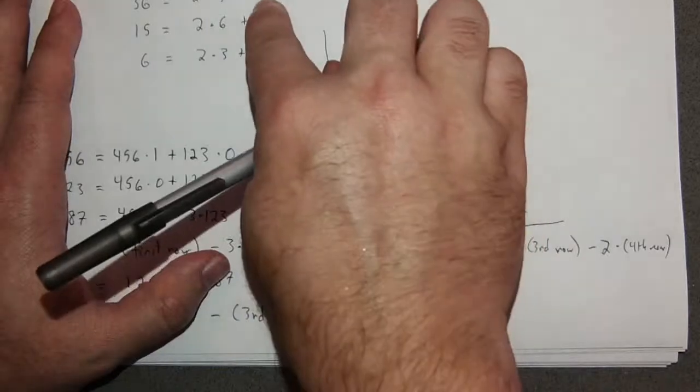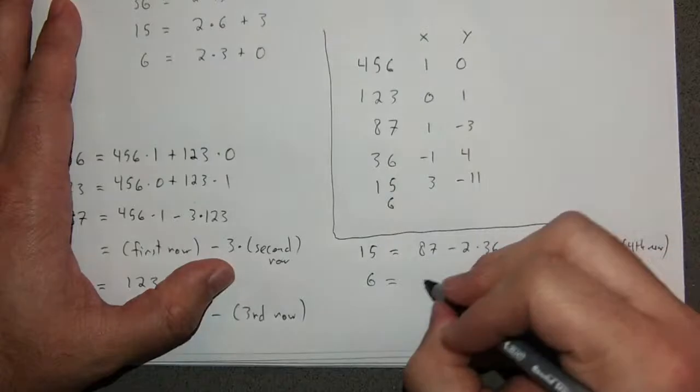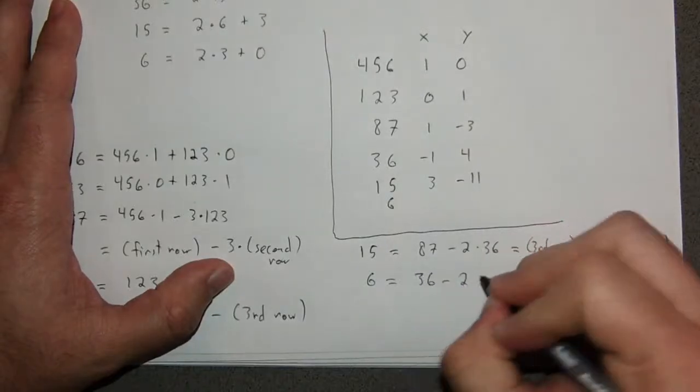So the next entry, 6, first time it shows up as a remainder is here. So 6 is 36 minus 2 times 15.